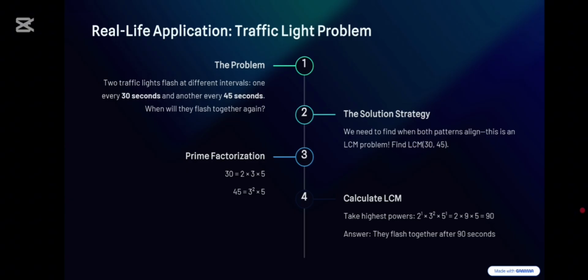Since 90 is among the multiples of 30 and 45, 90 is the answer. Which means these lights will flash together after every 90 seconds. That's how you apply this to real life situations.